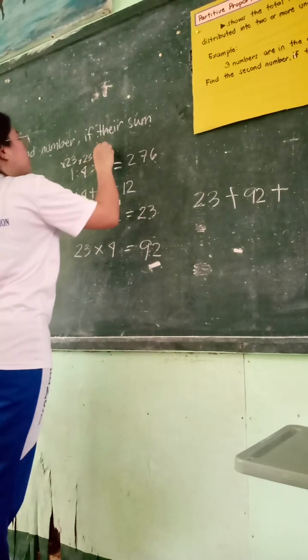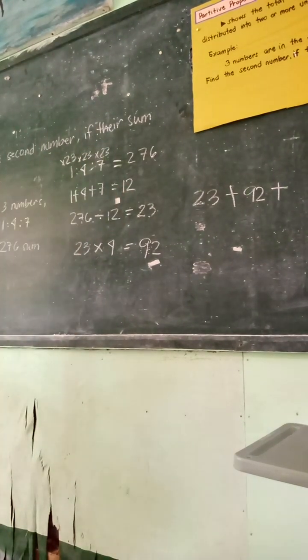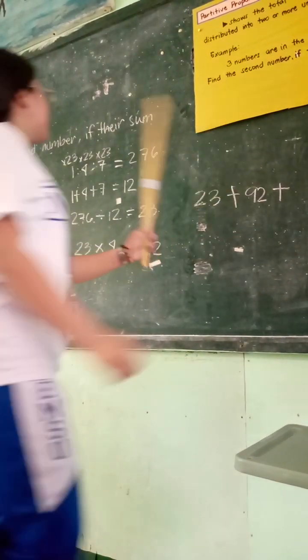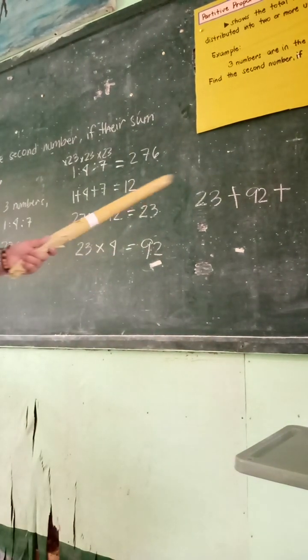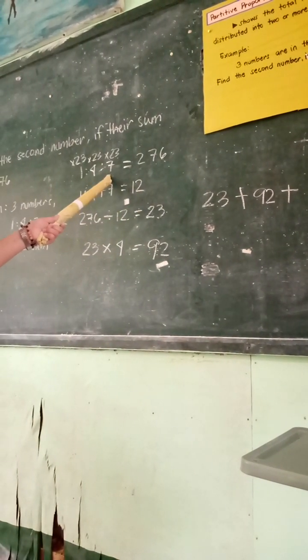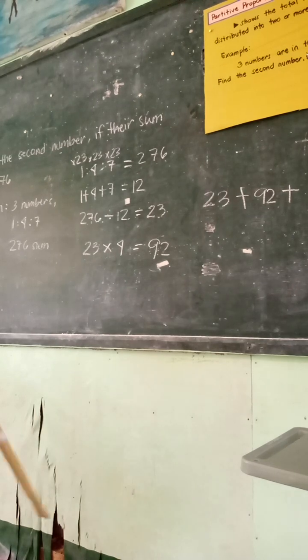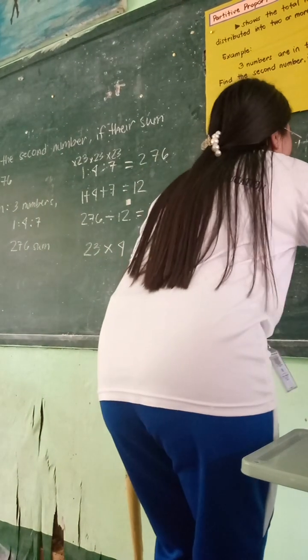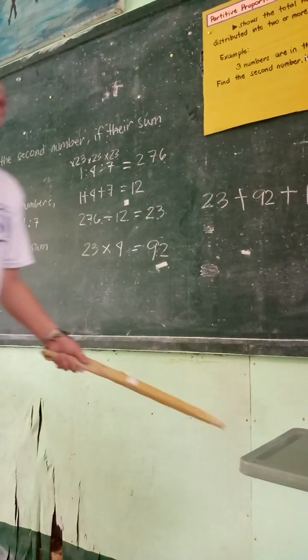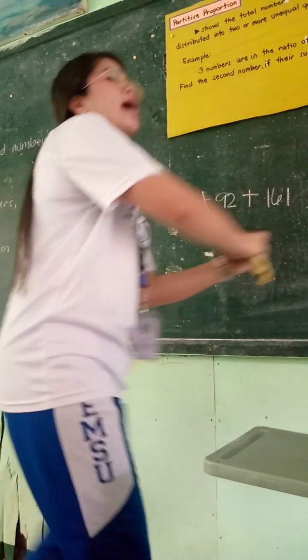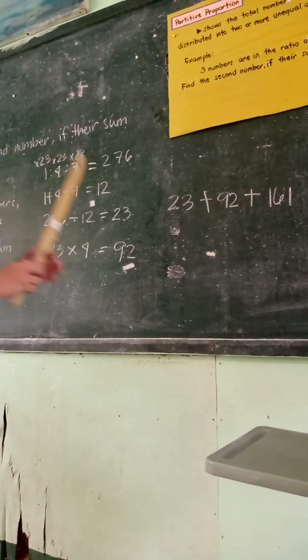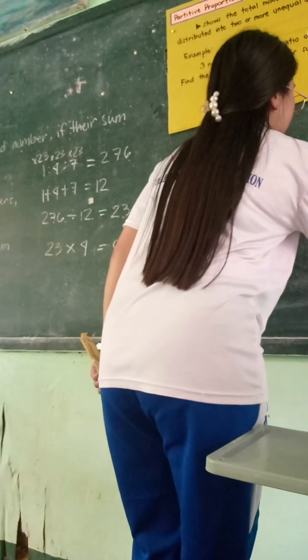Plus 7 times 23, which is 161. So, try to add it all, if it's just 276. Yes, 276.